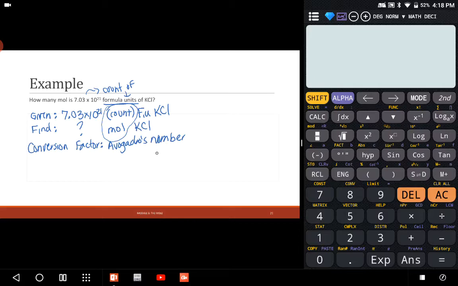So I can look that up on my yellow sheet. If you have the TI-36X Pro, then above the 8 there's a parentheses button, and in a blue font it says constants.